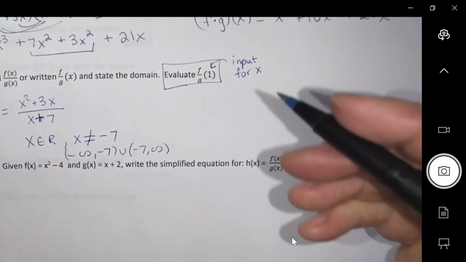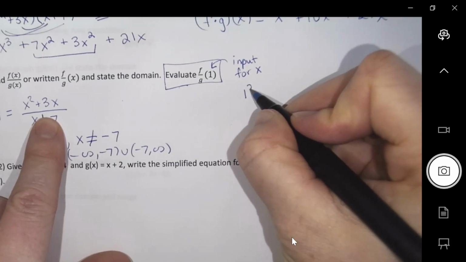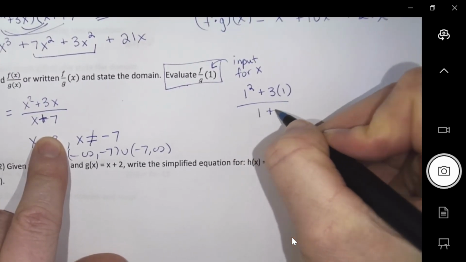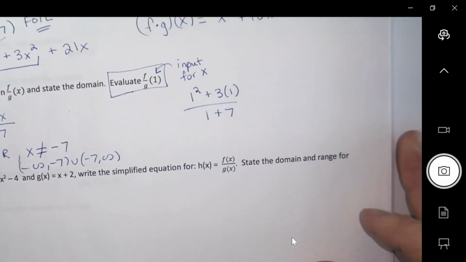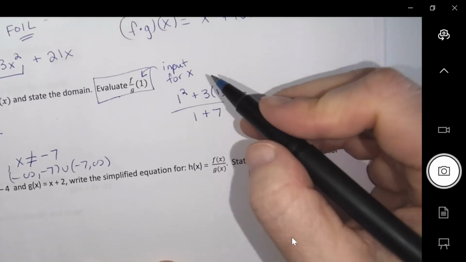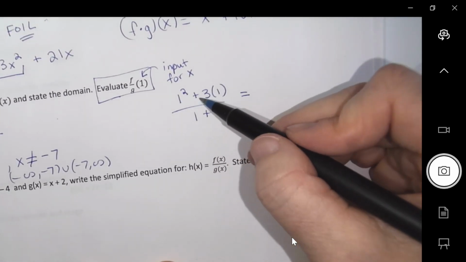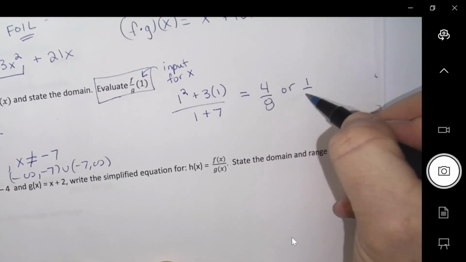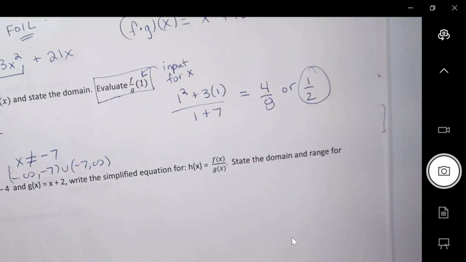So if x was 1, you would have 1 squared plus 3 times 1 over 1 plus 7. So 1 plus 3 is 4 over 8, or the output would be a half.